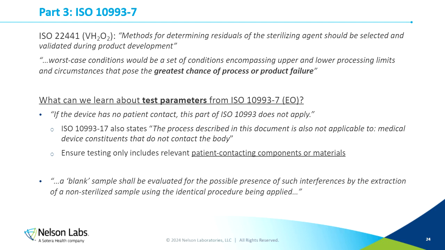Another aspect in the ethylene oxide standard is the idea of a blank sample. And a blank sample in this case would be the same test article, but that has not gone through the sterilization process. So this is always a good idea to send in for testing, because while the tests for hydrogen peroxide residuals are quantitative, meaning that the amount we measure is very consistent, it's still not free from interference.